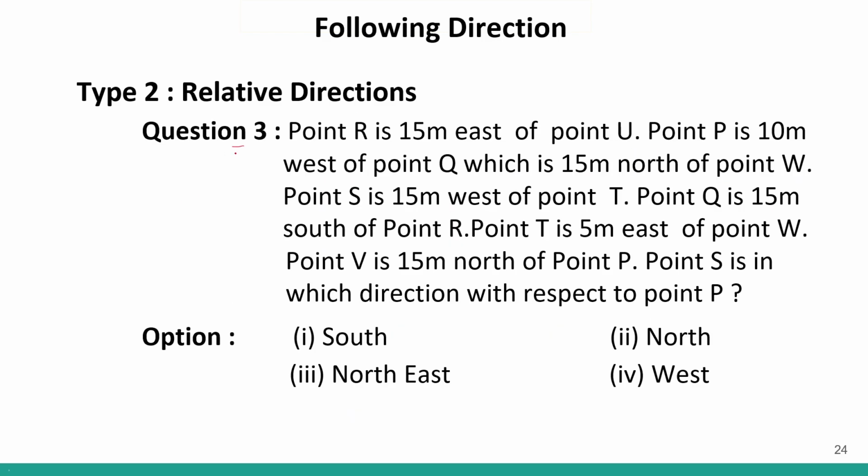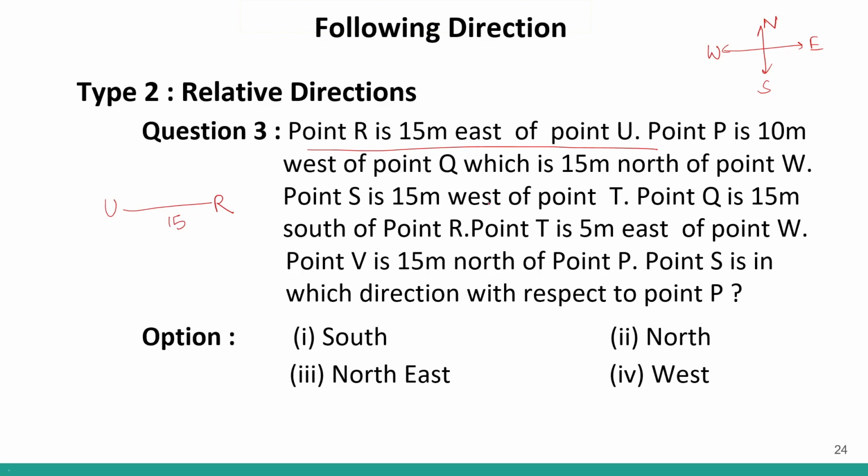Now, question number 3. Point R is 15 meter to the east of point U. Point P is 10 meter west of point Q, which is 15 meter north of point W. So this information we cannot plot yet because neither P nor Q nor W is mentioned yet.